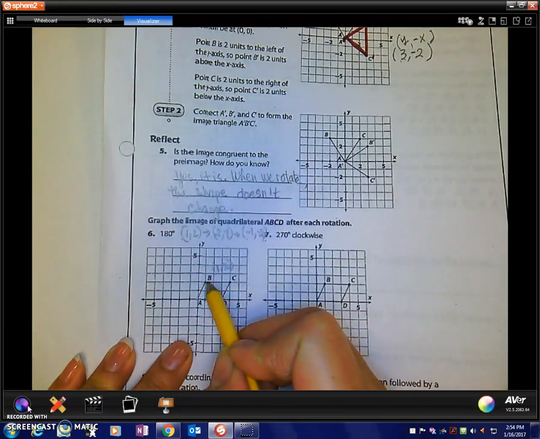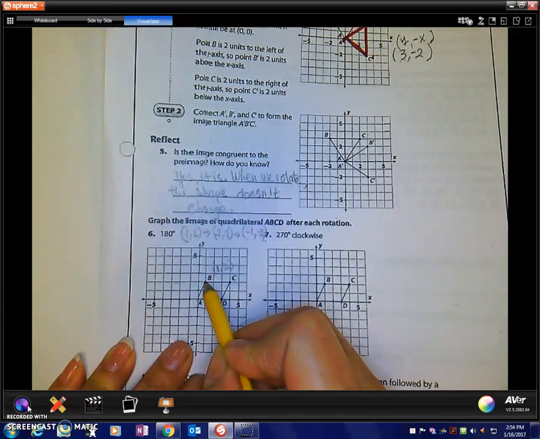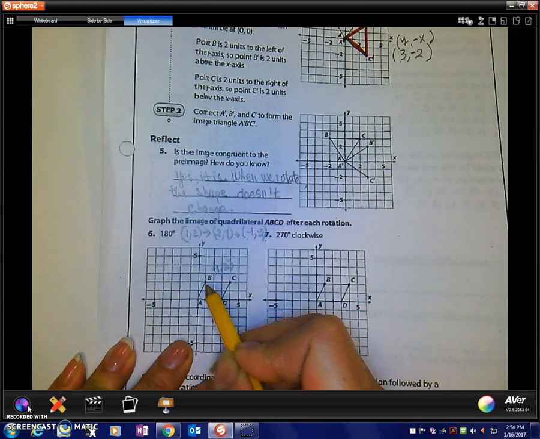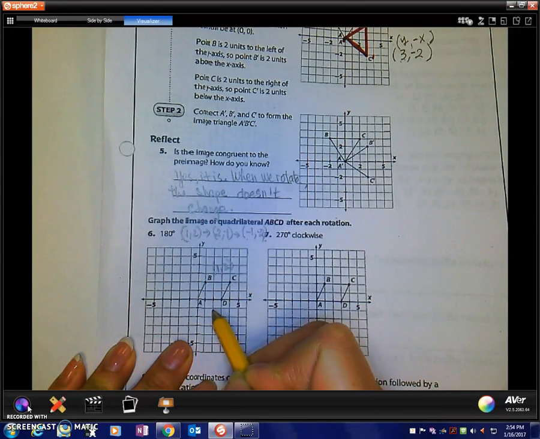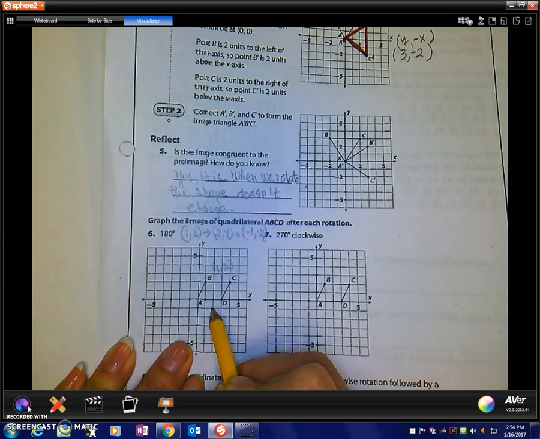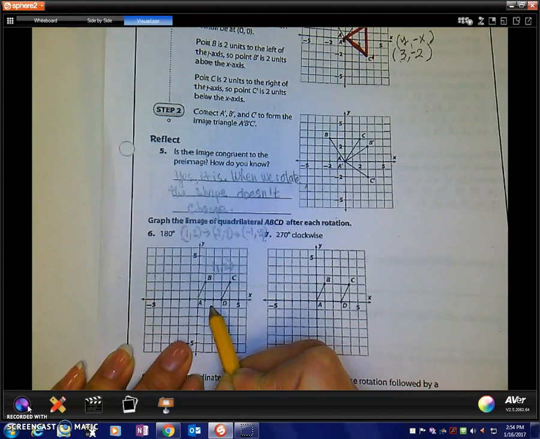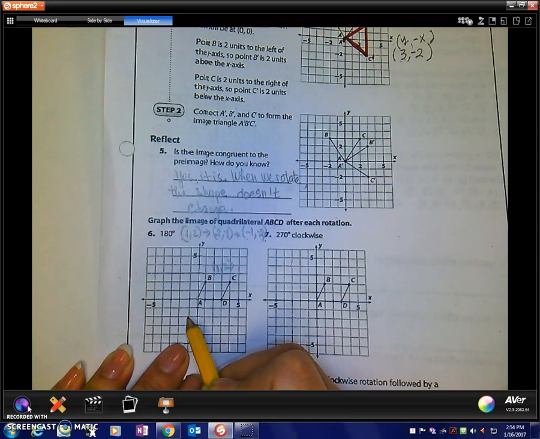So our B prime will first be (2, negative 1) right here. And then we rotate again, it goes to (negative 1, negative 2). So our B prime is right here.